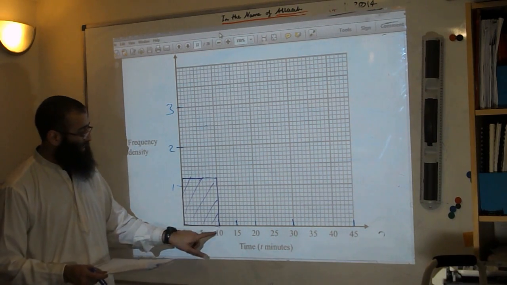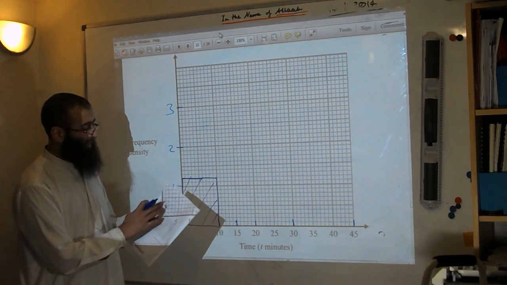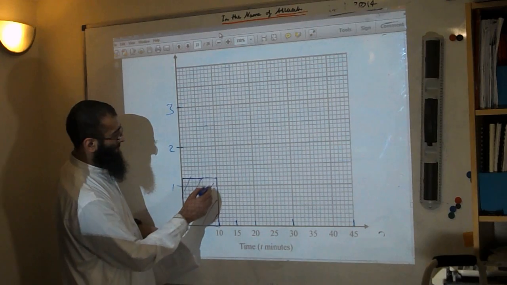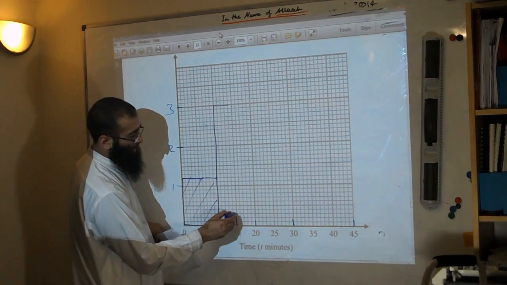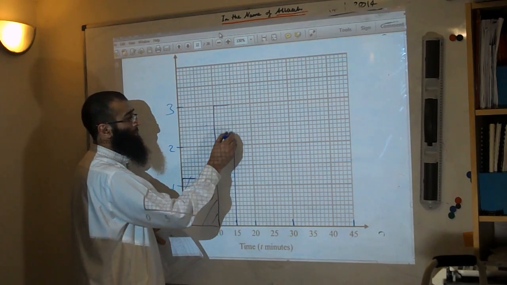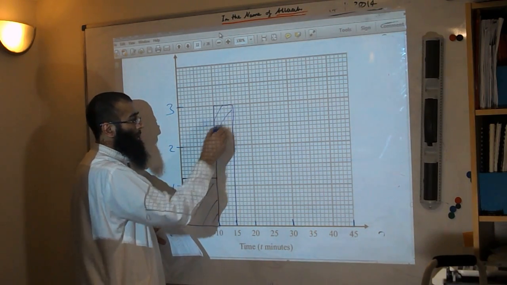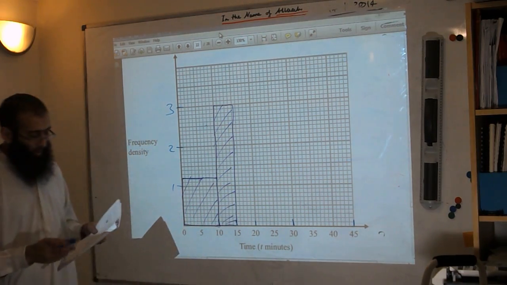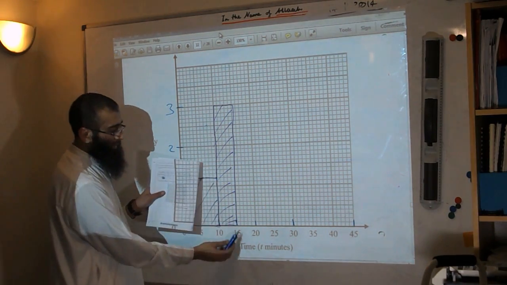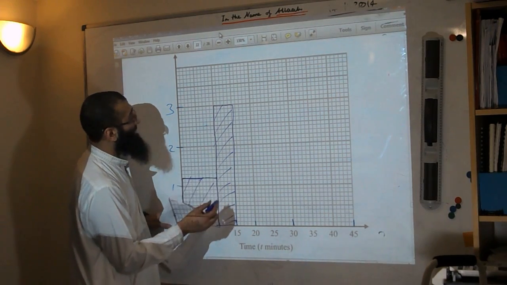Next one, 10 to 15, has a frequency density of 3, so that's going to go all the way up to here and across. Please make sure when you're doing this paper for homework and for the exam you use a ruler. I'm not using a ruler because I'm short of time. The next one, 15 to 20, has a height of 2.6.